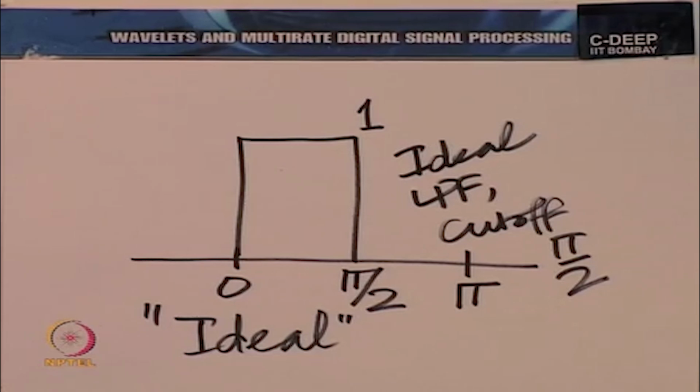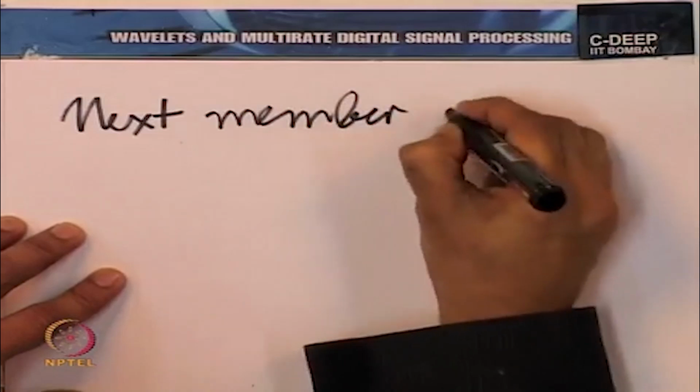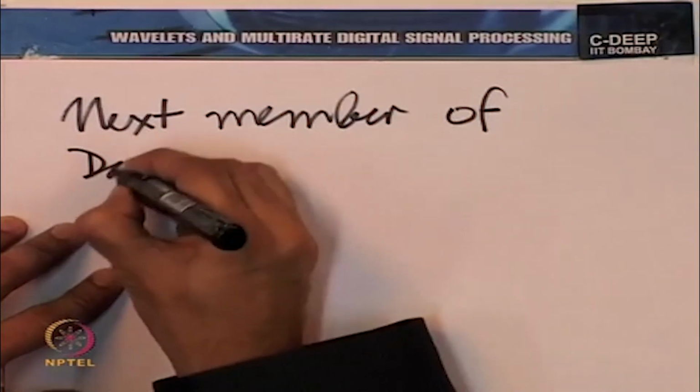Now, let me tell you how to build the next member of the Daubechies family. To do that, then we would put one more 0 at z equal to minus 1 in the low pass filter. The next member of Daubechies family.